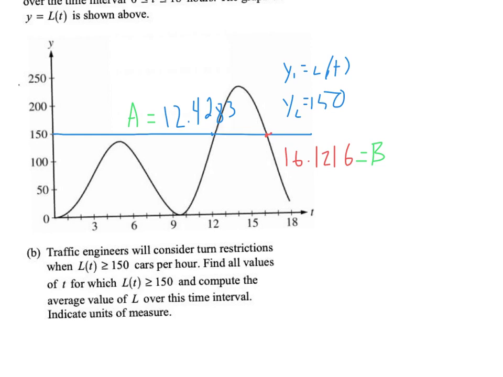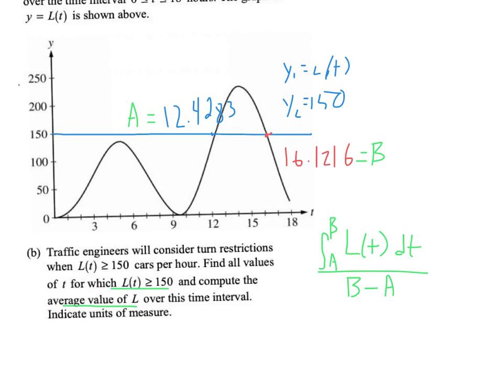Okay, so we've got to find all values. We did that. We got to compute the average value. Average value. Okay, I know what that is. That's my integral from a to b, and I actually use those letters. That's kind of cool. That was not intentional. Of our function L of t, and we want over the interval from b to a.